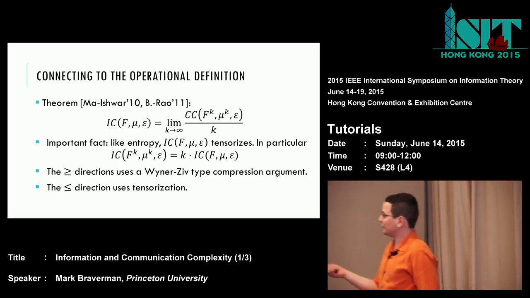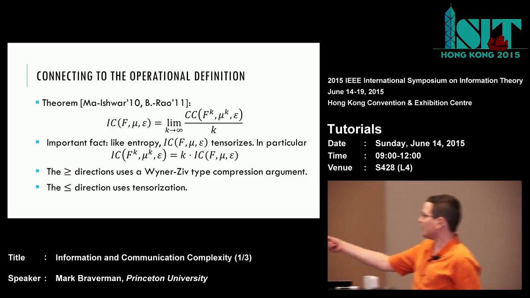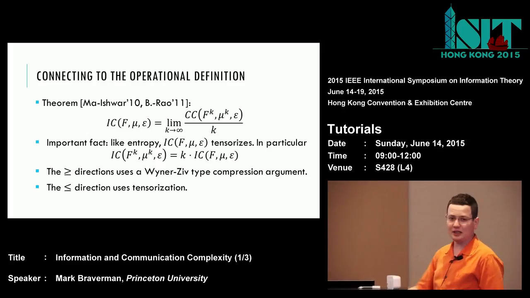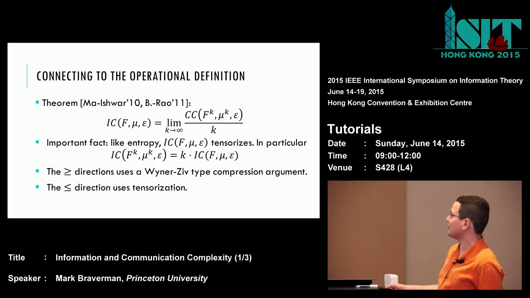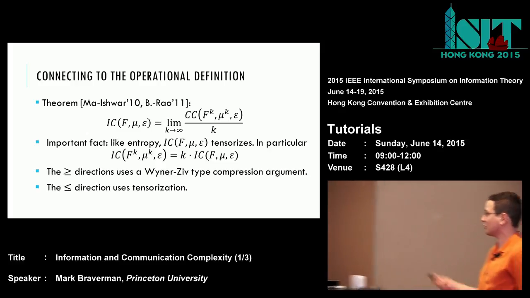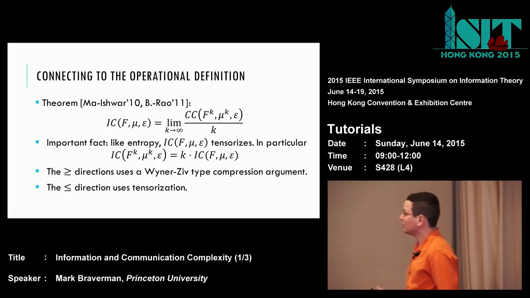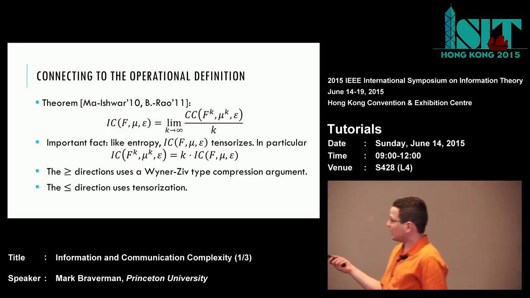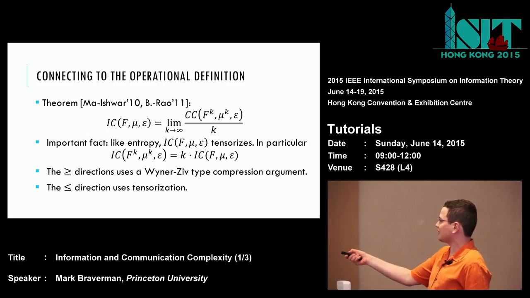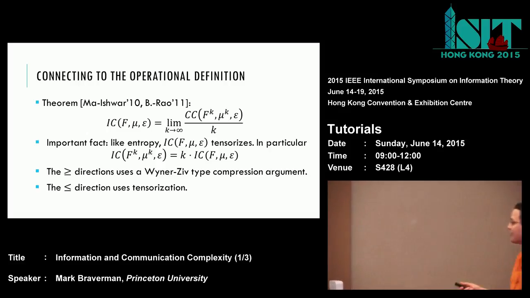Now, if you define information complexity the way I defined it, as this infimum, it is exactly the same as the scaling limit of communication complexity of many copies. An important fact that is a prerequisite to this theorem is that information complexity tensorizes.